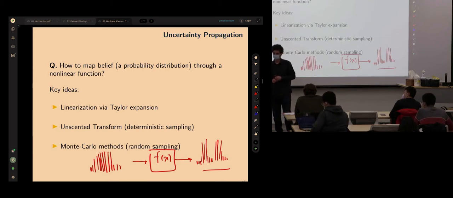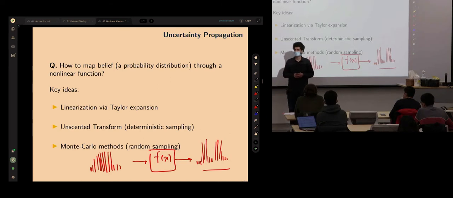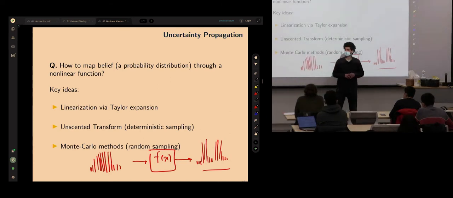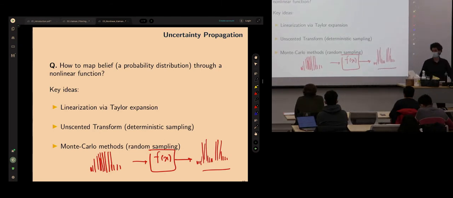So your question is, we're assuming that this histogram, this set of samples, is covering the actual distribution, right? We have enough samples, and that's true. That's a problem. We're going to talk about it soon in particle filtering. But that's an assumption, or at least it's a problem in practice, and we need to make sure we have enough samples to cover the space. And you might not know how in practice, okay?